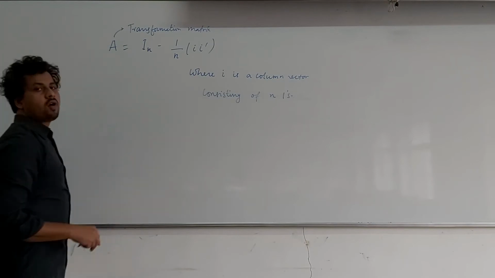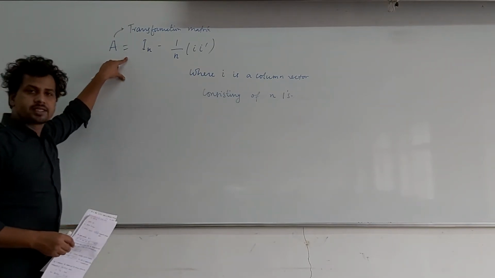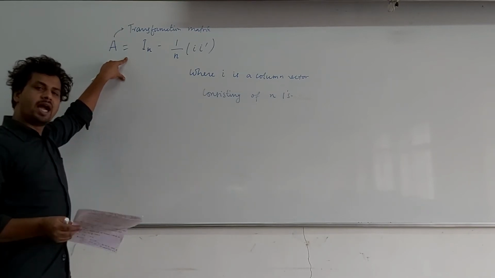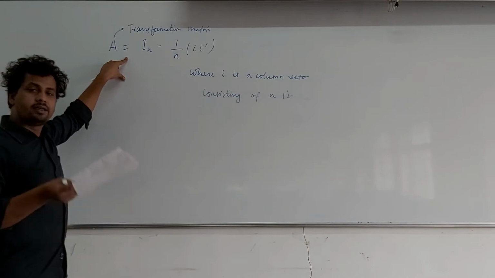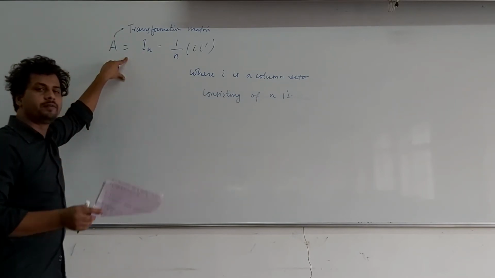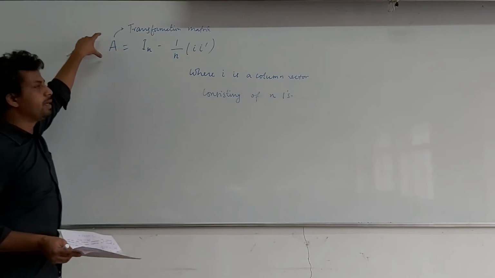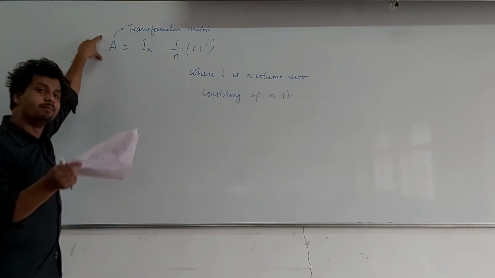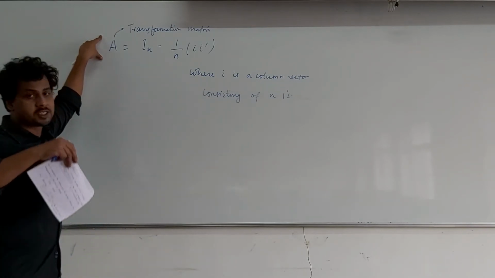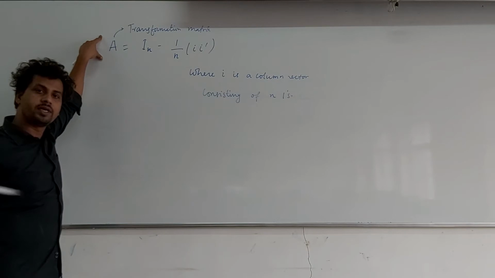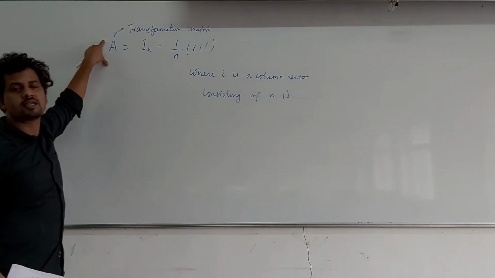Now this matrix is called the transformation matrix because when it gets pre-multiplied by a vector of observations, it transforms that vector of observations into deviation form. I repeat, when this matrix gets pre-multiplied by a vector of observations, it transforms the vector to its deviation form. Does that make sense? That's why it is called the transformation matrix.